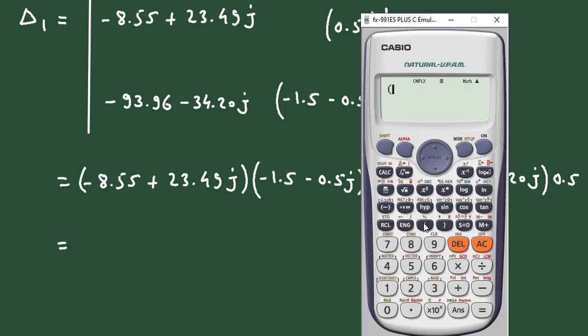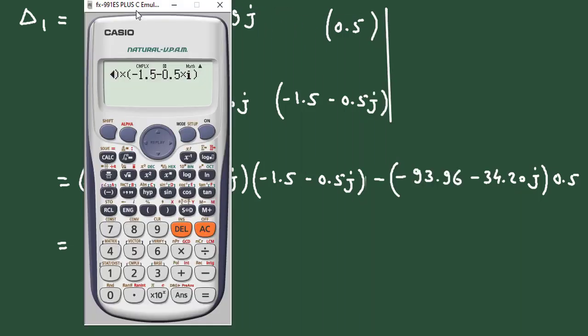So it will be minus 8.55 plus 23.49 into j multiplied with minus 1.5 minus 0.5 into j, then minus 93.96 minus 34.20 into j multiplied with 0.5.